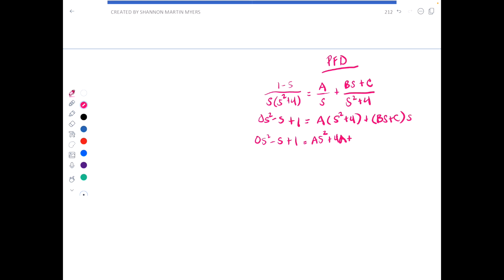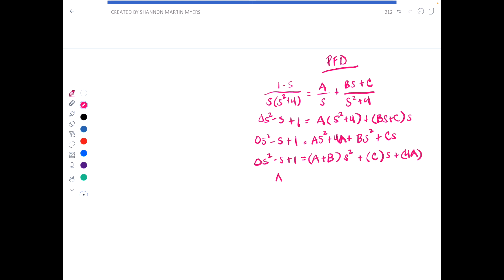All right. And then we'll have plus bs squared plus cs. So now we have a plus b times s squared, we have c times s, and we have for a, which will be equal to the constant.